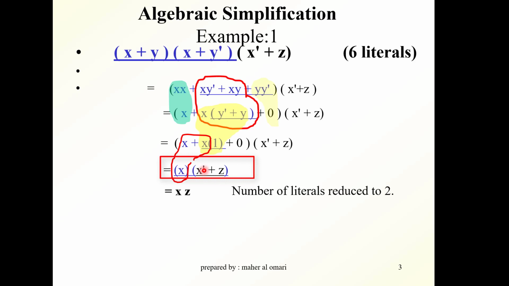If we want it to be in sum of product, then X ANDed with X bar, which is equal to 0, ORed with X ANDed with Z, which is equal to this. So this is the final minimal function for this one. You saw that we had before 6 literals in the function. We ended up with 2 literals in the function.